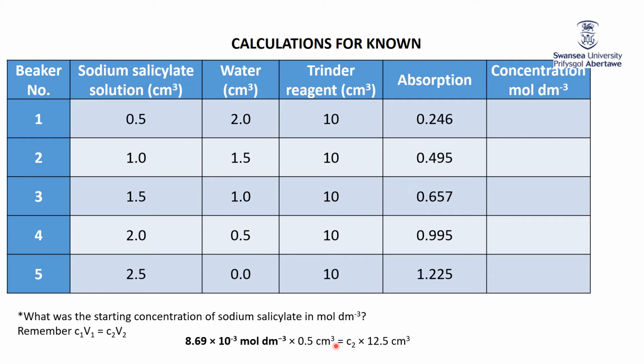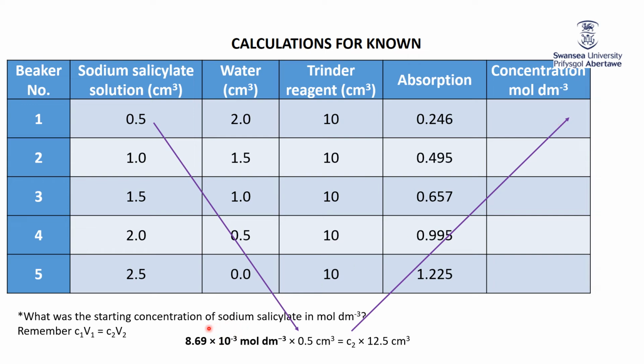So I took 0.5 cubic centimeters of that sodium salicylate, which is 8.69 times 10 to the minus 3 moles per cubic decimeter. And then I added enough other stuff, water and Trinder reagent, to make the total volume 12.5. Okay, so now I can calculate that new diluted concentration, which is what I'll pop in here.